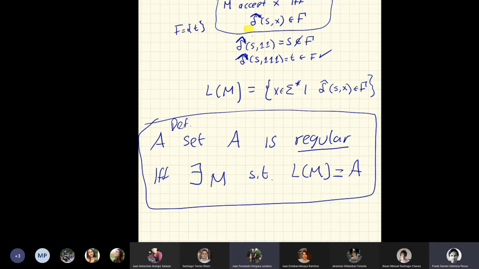Because the initial state is the same as the final. No. Okay, let's go back. I think you are confused about something. Let's forget about the empty set for a moment. If I ask you to show that A is regular, can you tell me what you are supposed to do or to find in order to show that a set A is regular?